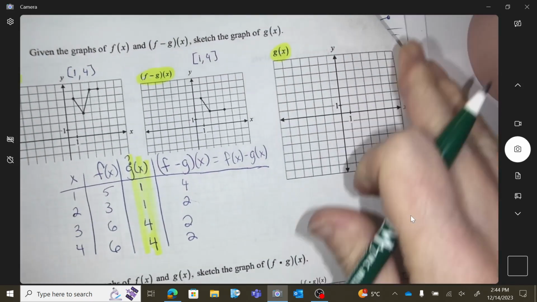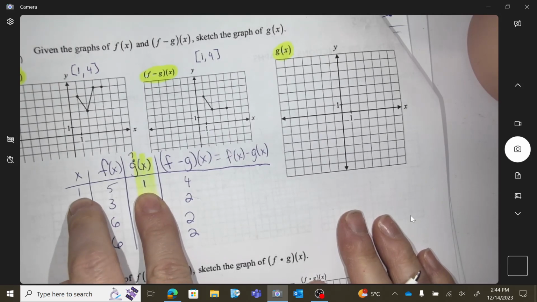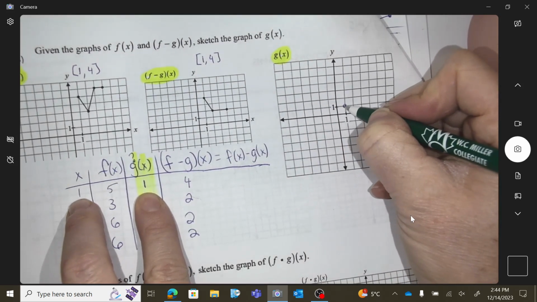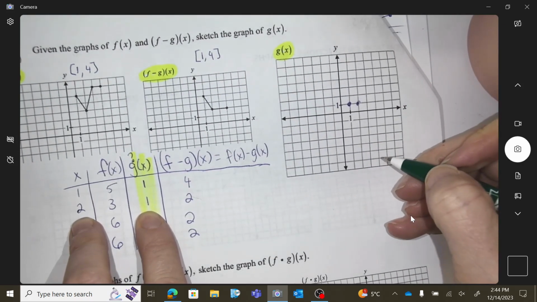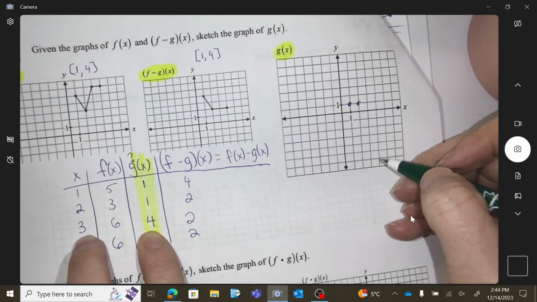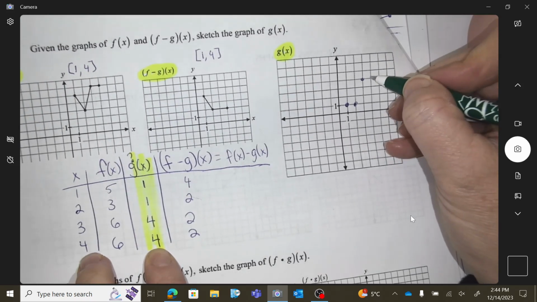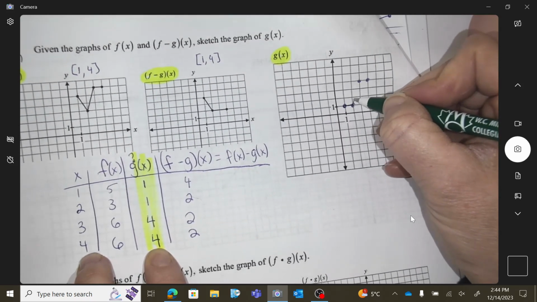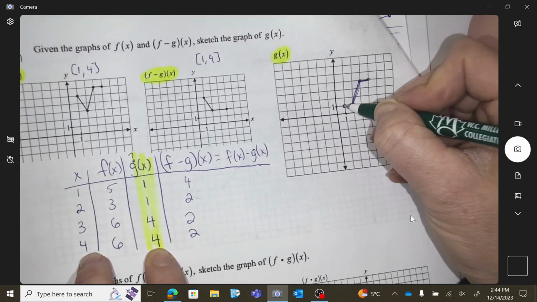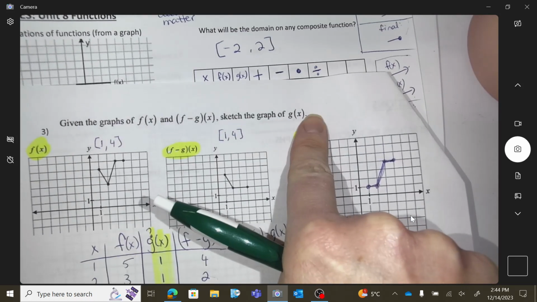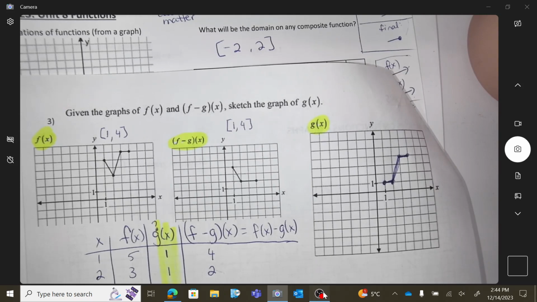So to graph g of x, you're going to make the coordinate, go back to your x values, 1, 1. 2, 1, 3, 4, and 4, 4. So you just have to watch out for the wording of the question, because that one made me work backwards.